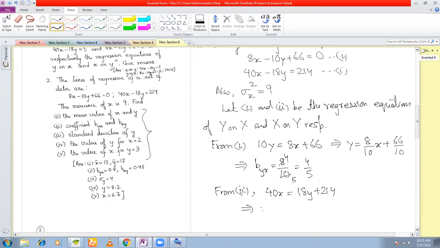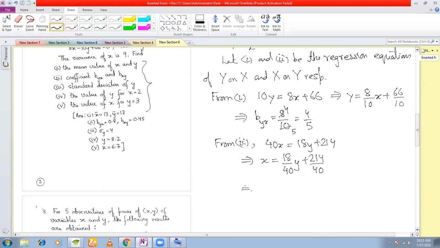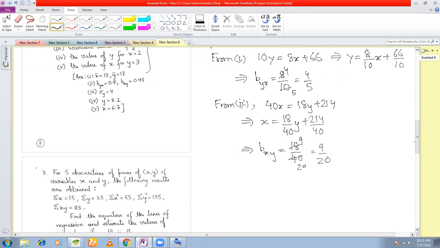That means you get x is equal to 18 by 40 y plus 214 by 40. So bxy is equal to 18 by 40. Now you can cancel this with 2, 9 by 20.